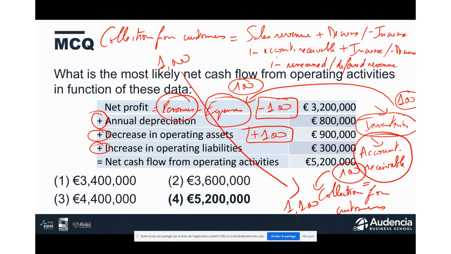Deferred or unearned revenue, it's in your liabilities. It means it's paid in advance by the customers. You sell some subscription, annual subscription to a newspaper to customers. They pay in advance the subscription. You have the cash in your assets.